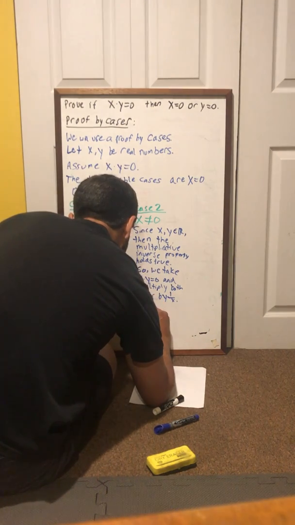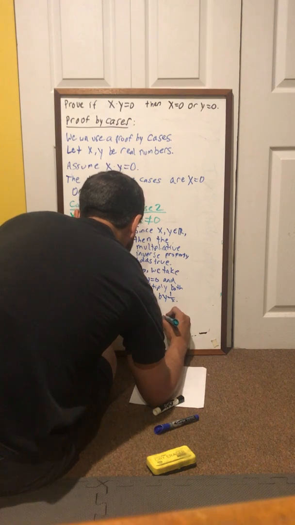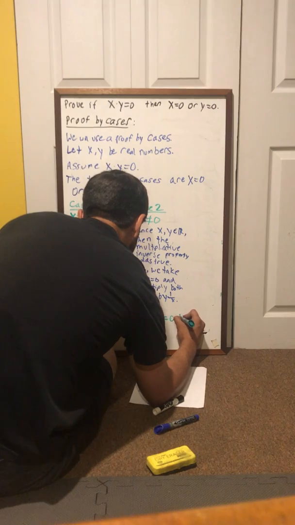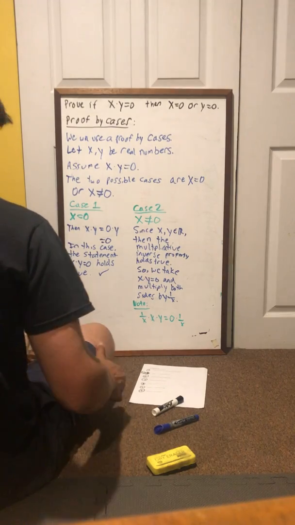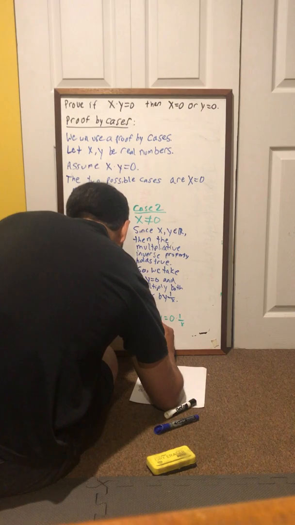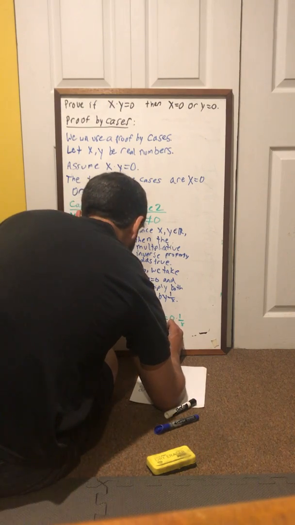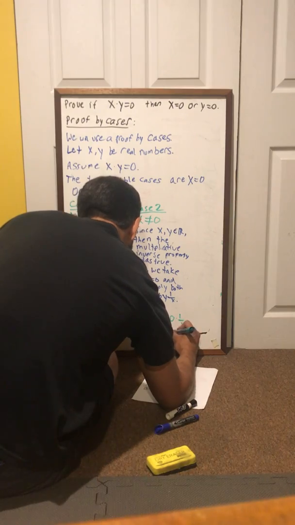Note 1 over x times x times y equals 0 times 1 over x. So 1 over x times x, from this we're going to get 1 times y equals 0.